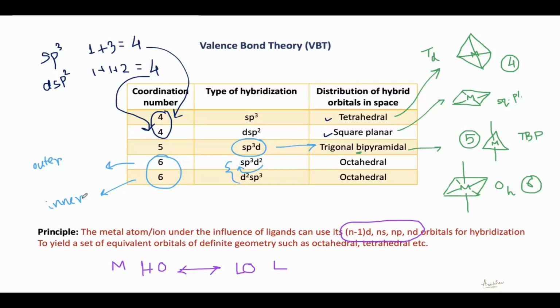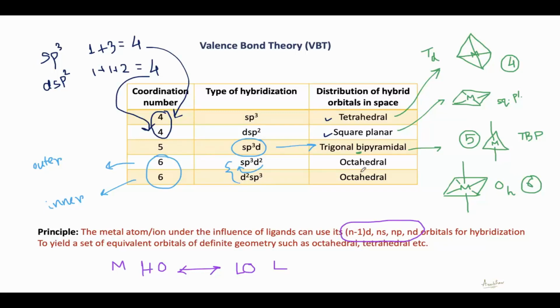Then we come to coordination number 5, which has the hybridization sp3d and the trigonal bipyramidal geometry. And in the last case, coordination number 6, there are 2 types of hybridization: the first is sp3d2, the second is d2sp3, and both of them correspond to the same geometry, that is octahedral.